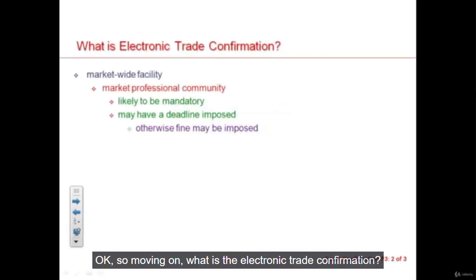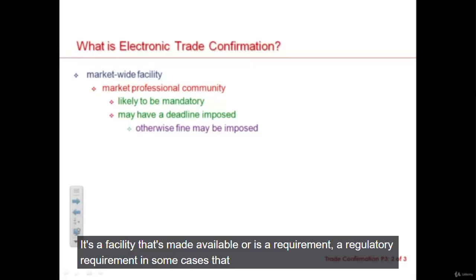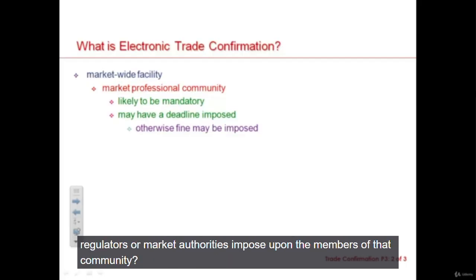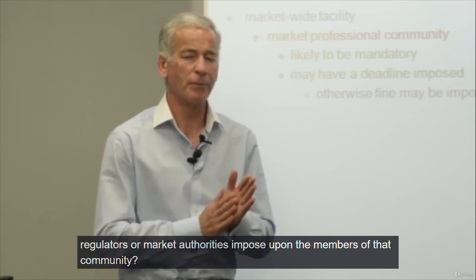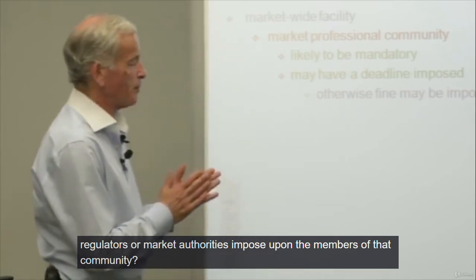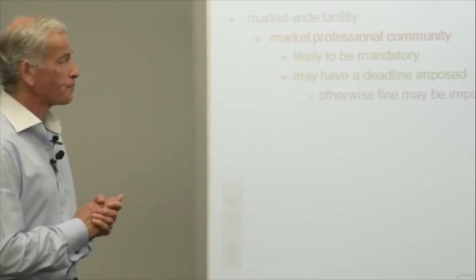Okay, so moving on. What is electronic trade confirmation? It's a facility that's made available, or is a requirement, a regulatory requirement in some cases, that regulators or market authorities impose upon the members of that community.